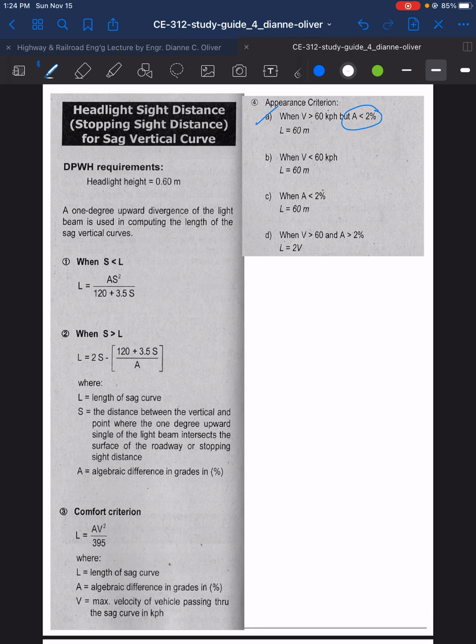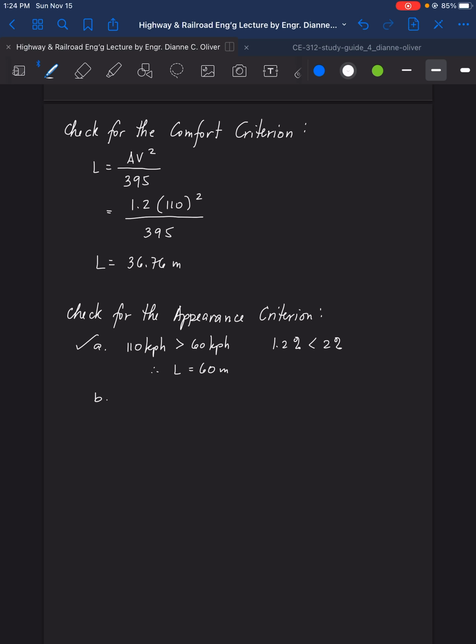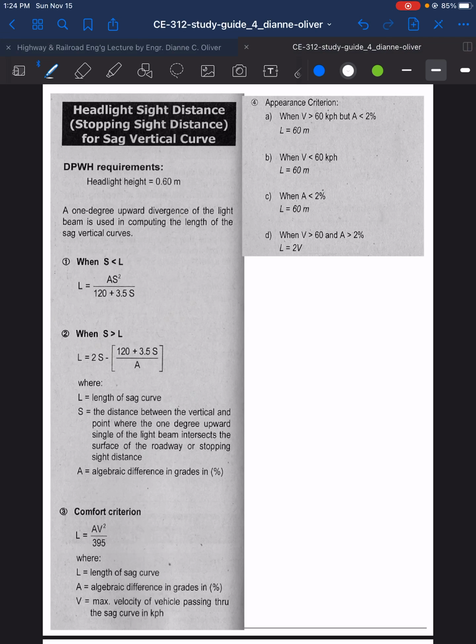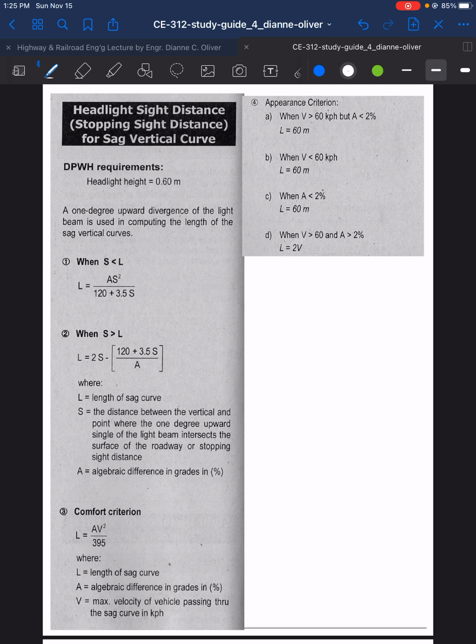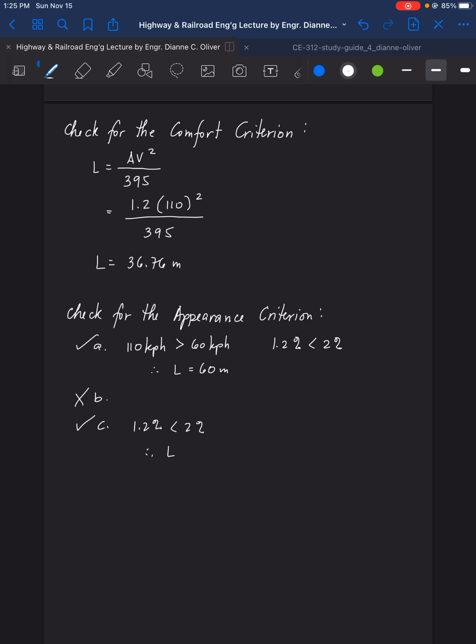But then, let's still continue if it fits the others. So for letter B, it says there when V is less than 60 kilometers per hour, well, our design speed is 110, so we will not be using B. For letter C, when A is less than 2%, okay, our A is 1.2%, it's less than 2%, it satisfies the criteria, therefore L is equal to 60 meters.